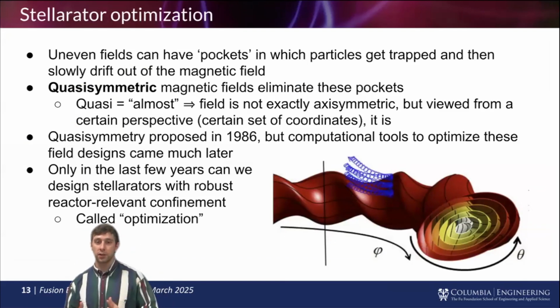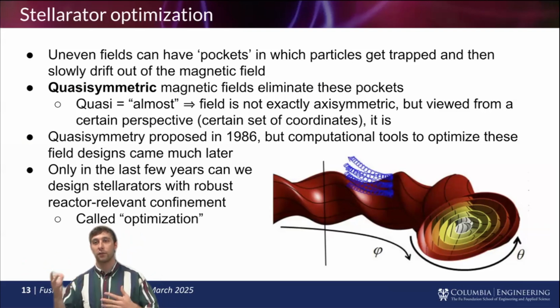So one of the big fields that's achieved a lot of attention in recent years with stellarators is stellarator optimization. In stellarators, the uneven field that can be created by imperfections in the magnetic field, again, due to manufacturing imprecision or poor optimization of the field itself, you can get these pockets of lower magnetic field, and in those pockets, particles can get trapped and then leak out essentially of the confinement device.